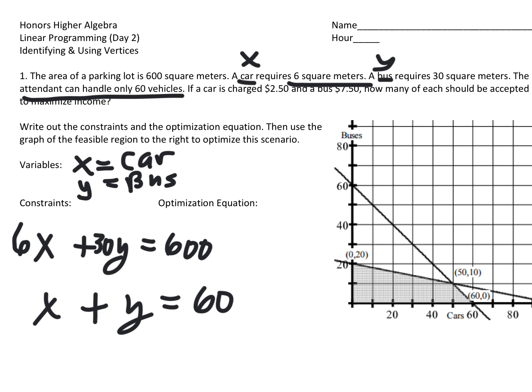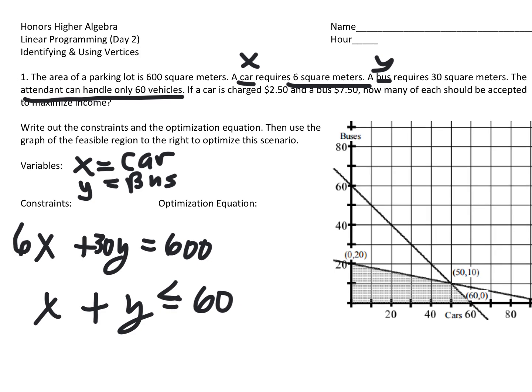X plus Y. X is cars, right? Y is buses, right? Cars and buses together are the vehicles, and the vehicles have to be less than or equal to 60. Now, it can be less than 60 because the attendant doesn't say he has to have 60, but he could have at most 60. All right.